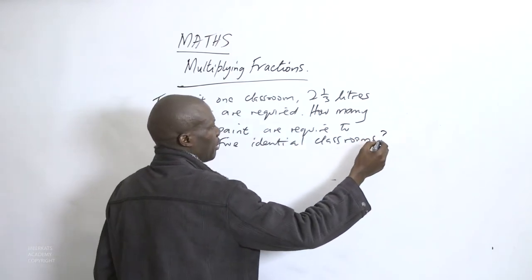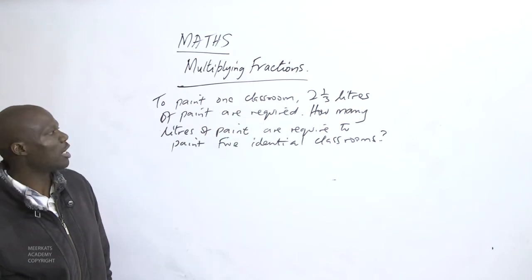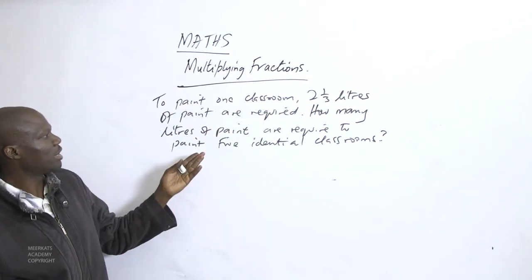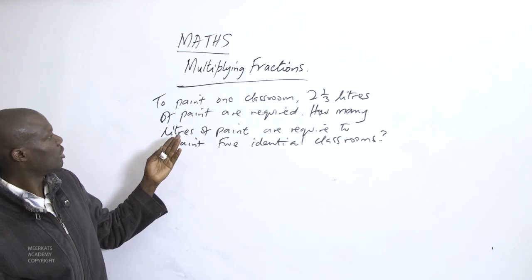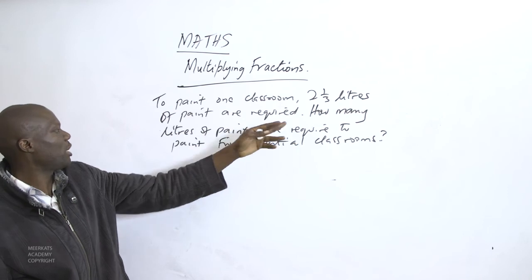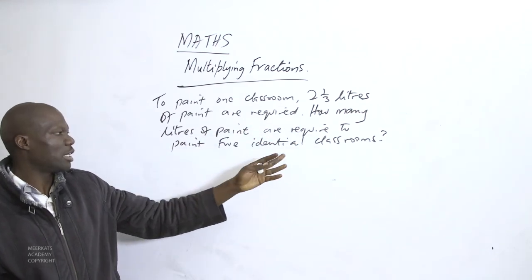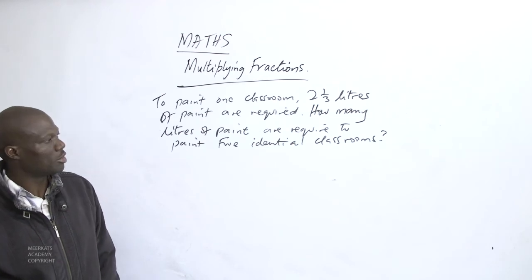So we are saying that to paint one classroom requires 2 1/3 liters of paint.